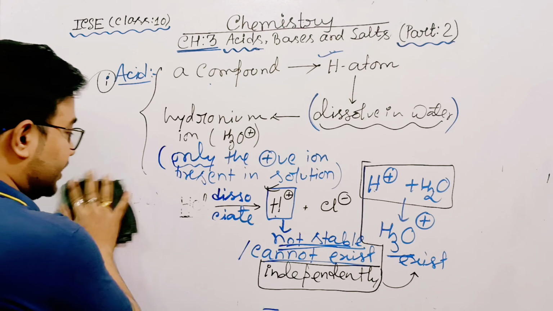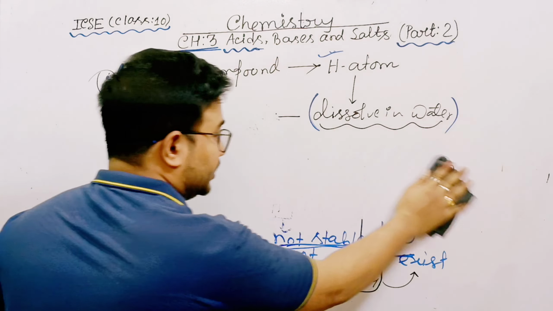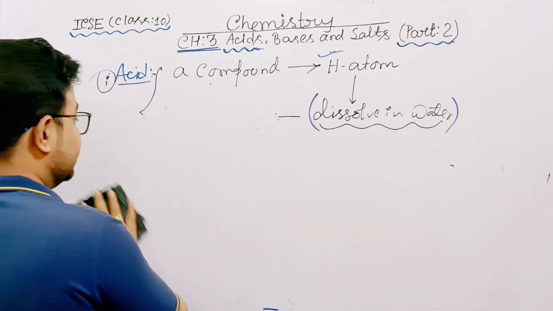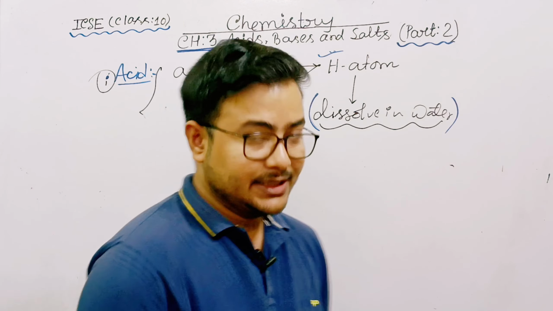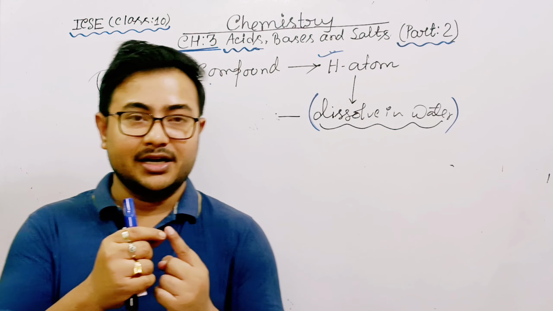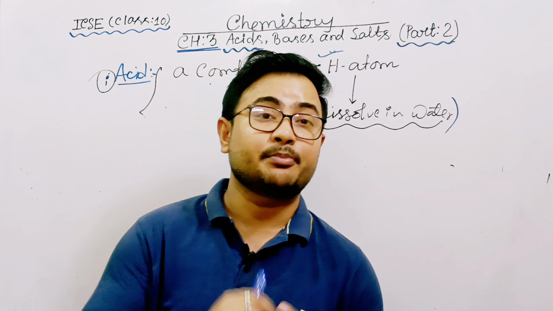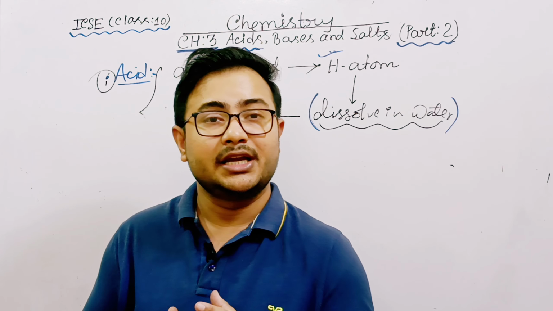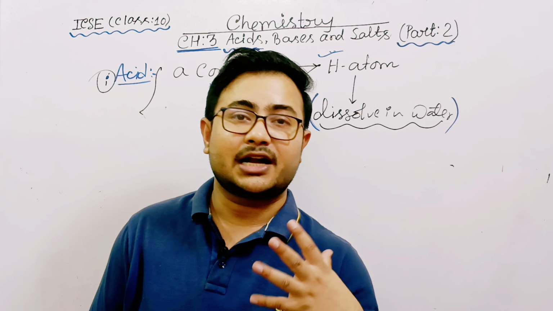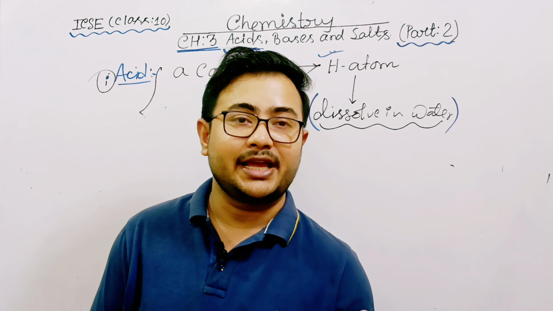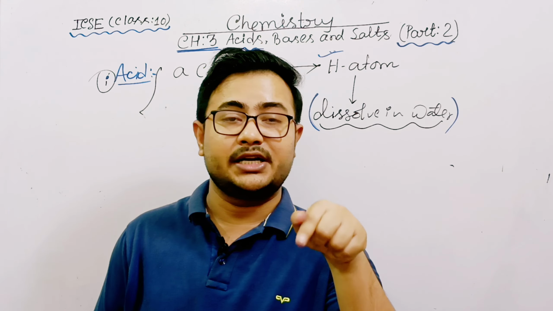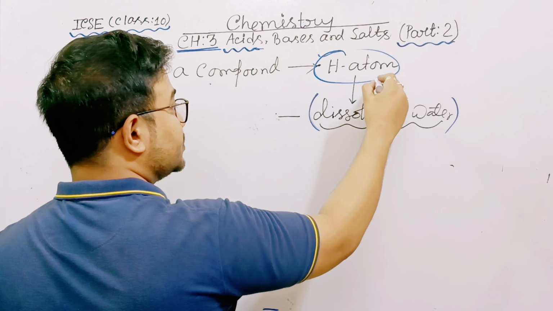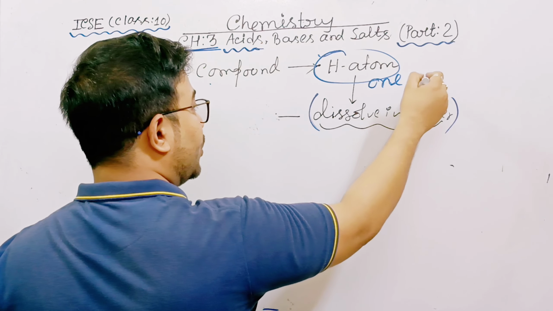Okay, now our next point. Listen, when this question comes in the exam, define an acid, always try to give a continuation point. Don't only write down the definition. Acid is a compound which contains at least one H atom, one or more.